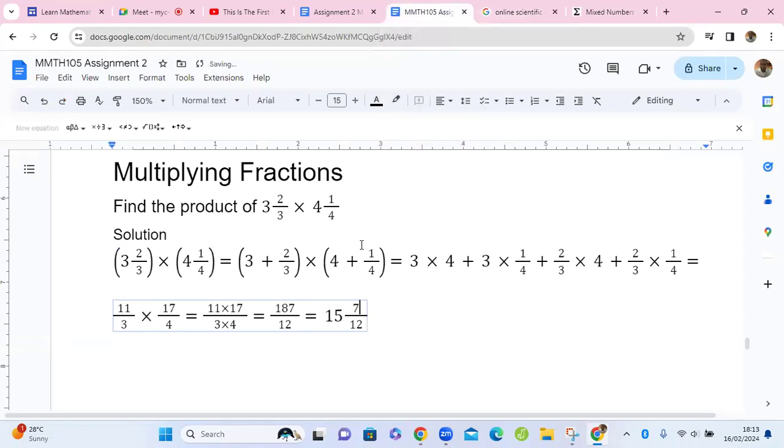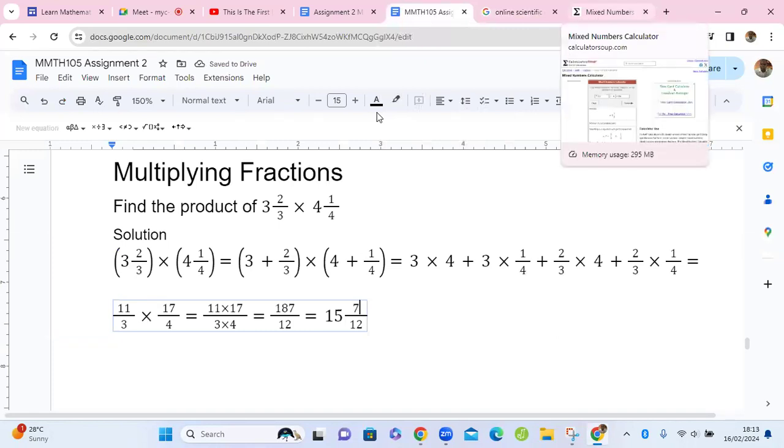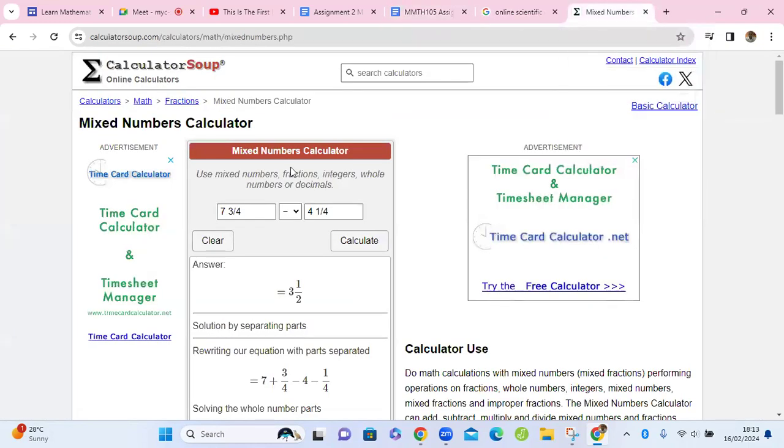And we can prove our answer by multiplying our mixed fractions, 3 and 2/3 times 4 and a quarter. So we have 3 and 2/3. I see there was a space between the whole number and the fraction.